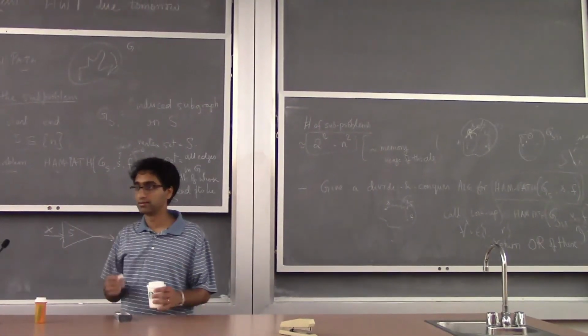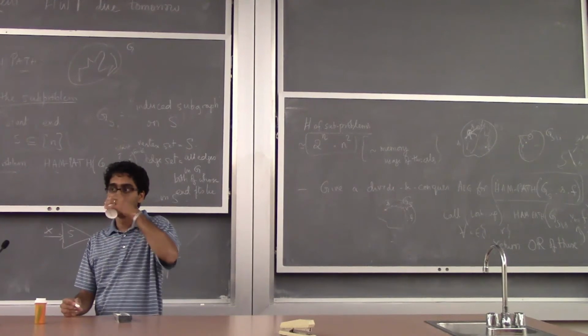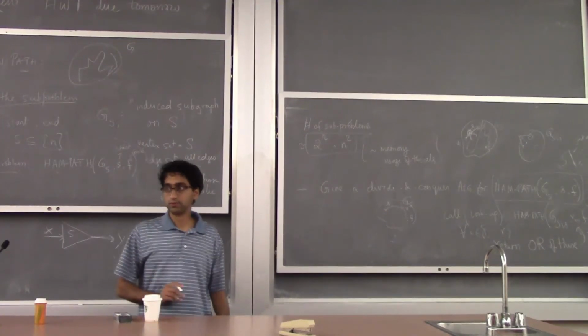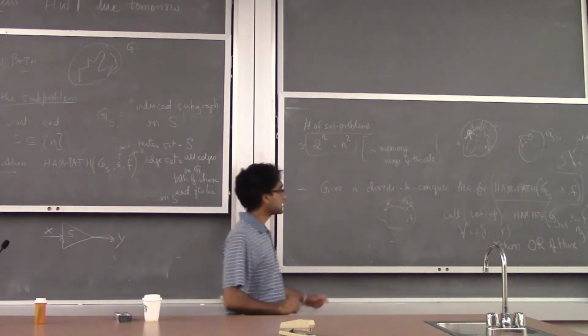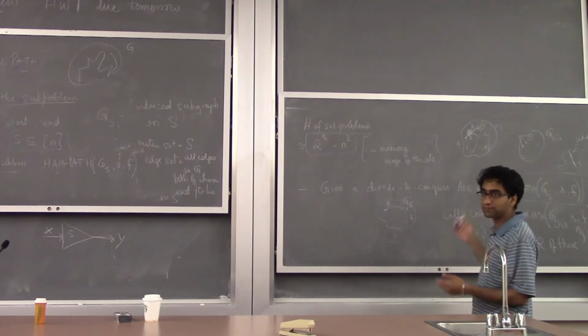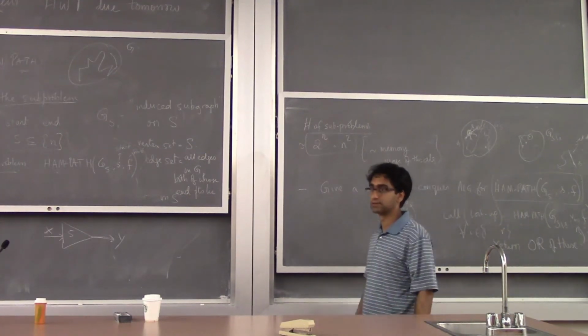Any other? Yeah. Is the base case when G sub S minus s is just 2 nodes? Yes. So the base case is just 2 nodes, or you could even say 1 node, in which case you can always trivially output yes.